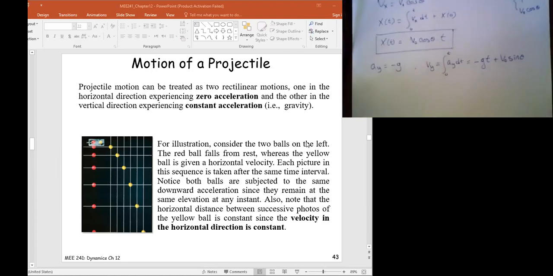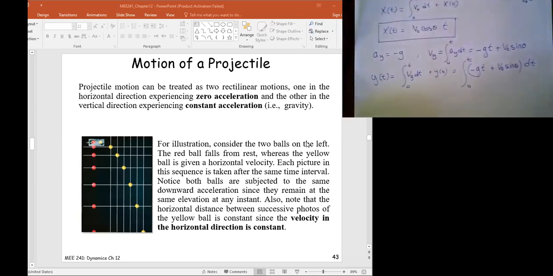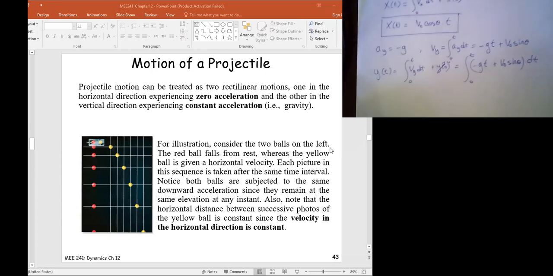Now, if I want to find my position as a function of time, I'm going to integrate this, which I already have: the integral of vy dt from 0 to t, plus y of 0. So you're integrating minus gt plus v0 sin theta dt from 0 to t, plus y of 0, let's say it's 0, like basically you're starting from the origin.